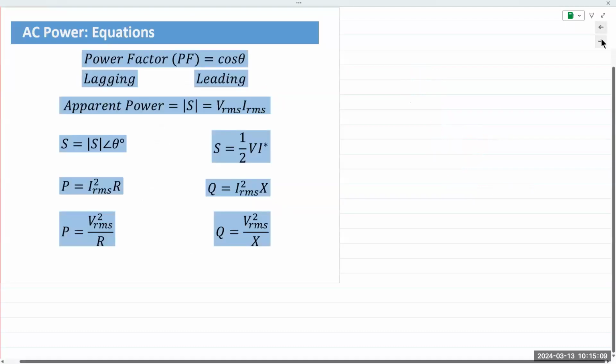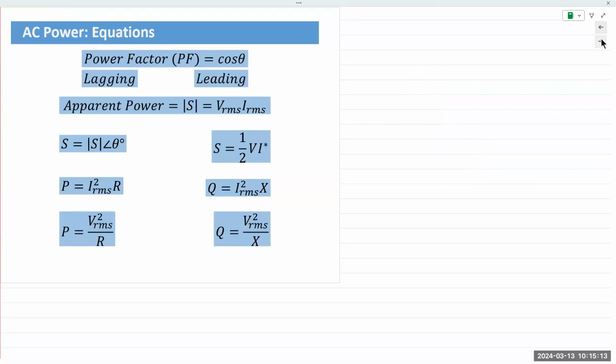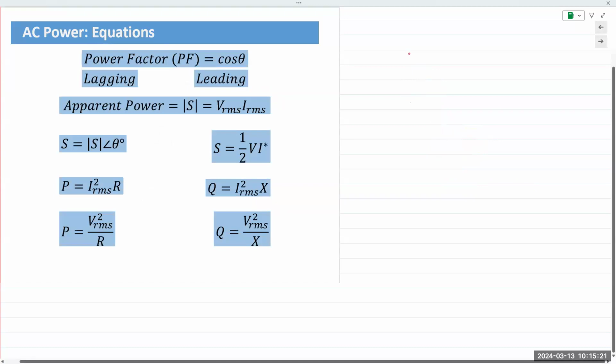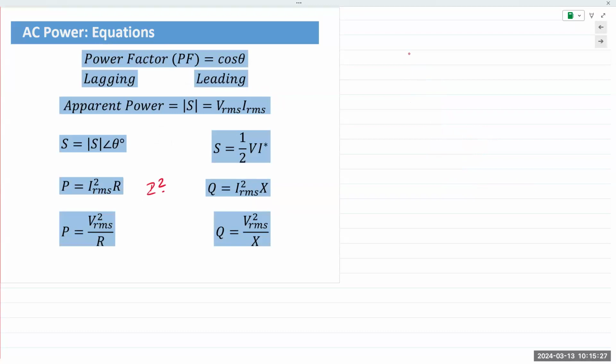The other equations that we look at for the reactive power follow the same form that we already saw in chapter 1. Power can be given by I squared times R or V squared over R from chapter 1. It's still the exact same form.